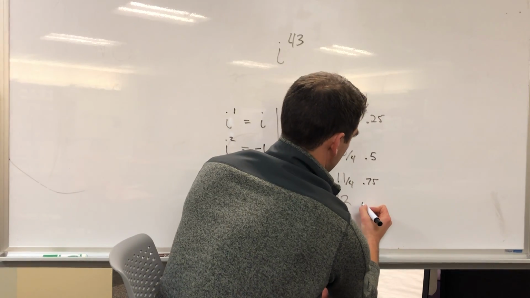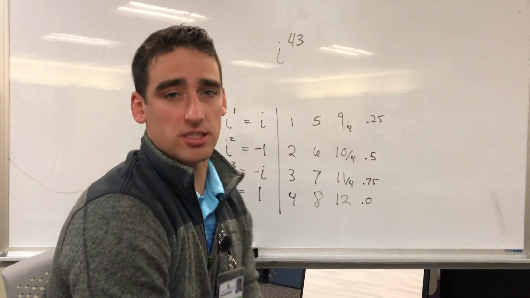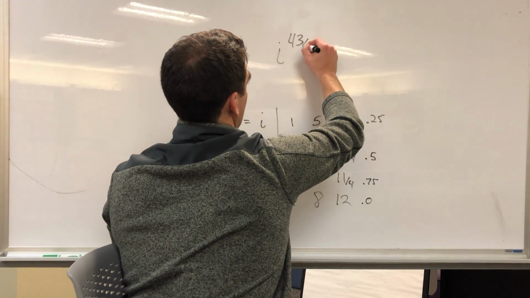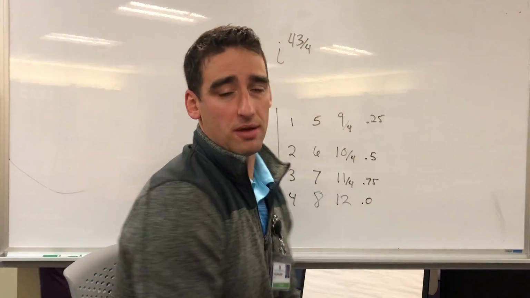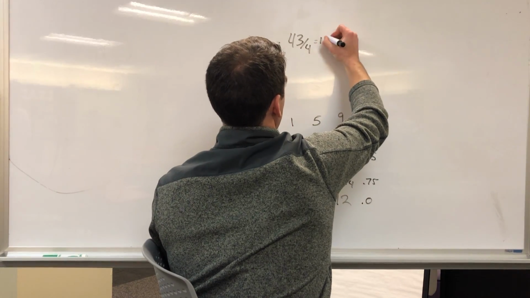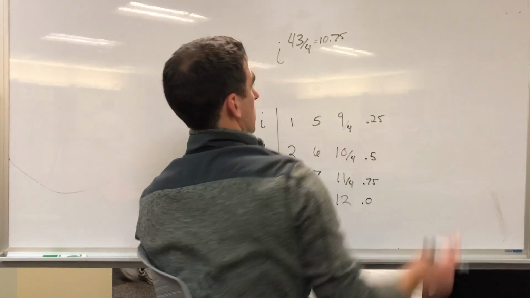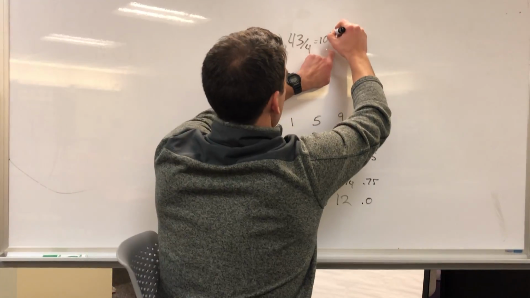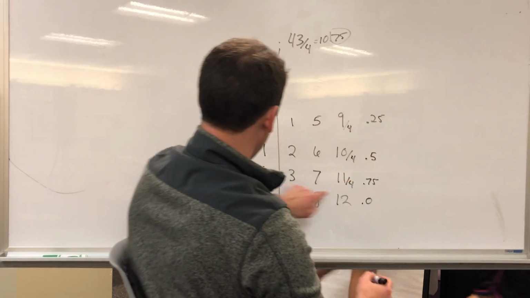And this one will end without a decimal. All you do is take that number and divide it by 4. So 43 divided by 4 would be 10.75. Okay? 10.75 ends in a 0.75, so I look here.